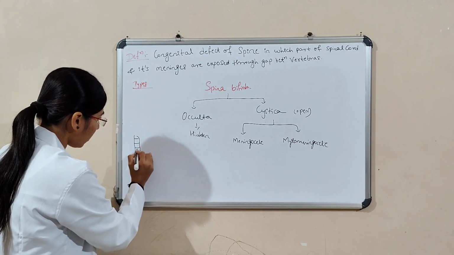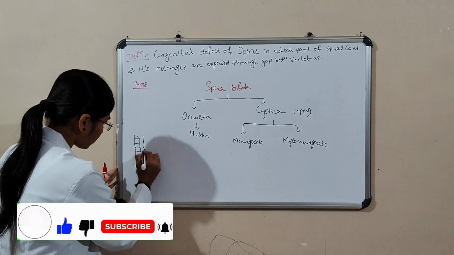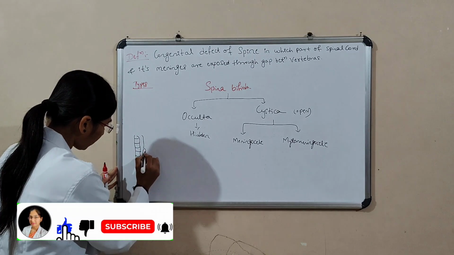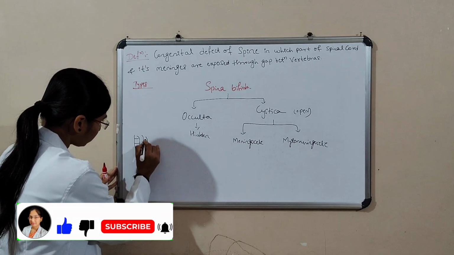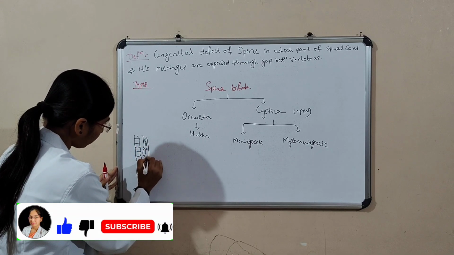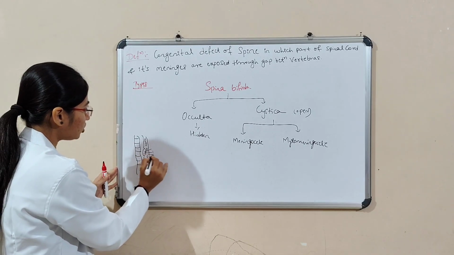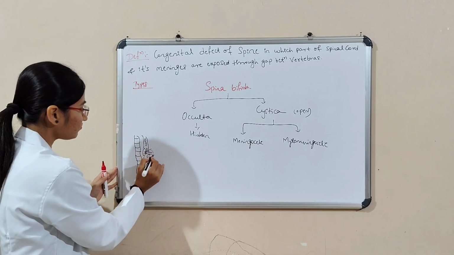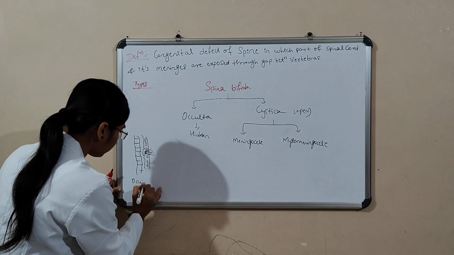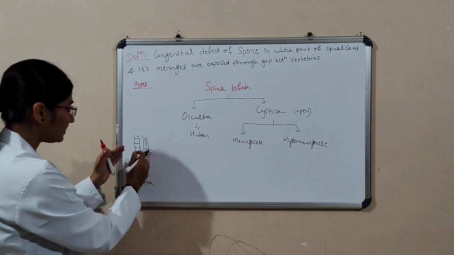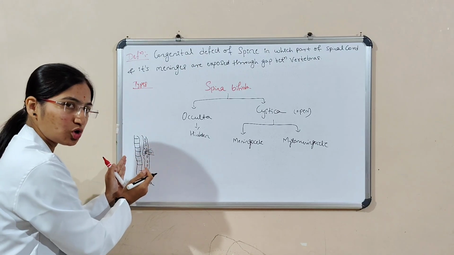I am showing how occulta is placed. Here a tuft of hair will be present. This is the occulta type, and this is enclosed. This is a closed one.